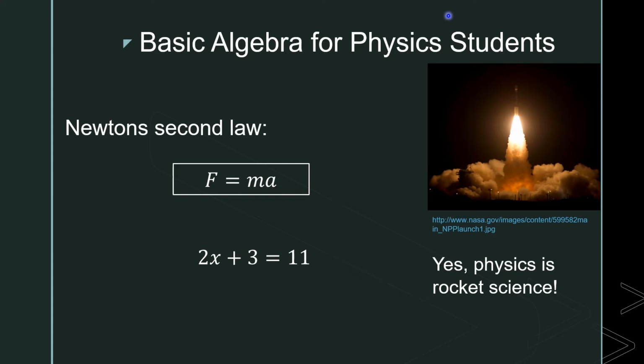We don't read this law as F is equal to m times a, just like I did before. Rather, we read this equation as net force is equal to mass times acceleration. Notice this equation relates force, mass, and acceleration and tells us how changing one changes the other.